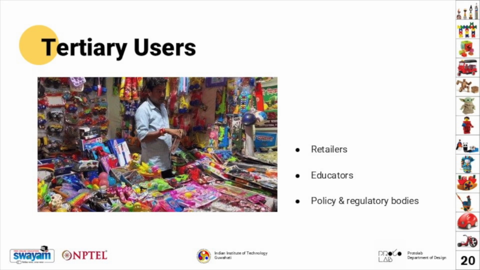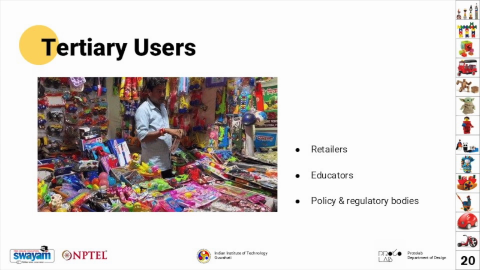The tertiary users are often invisible to designers but extremely powerful. These include retailers, educators, and regulatory bodies. They may never touch the toy, but they decide whether it exists in the market.